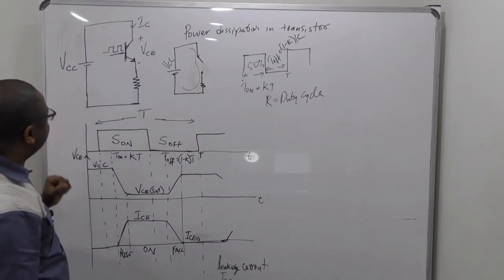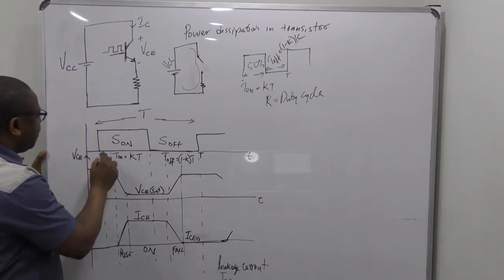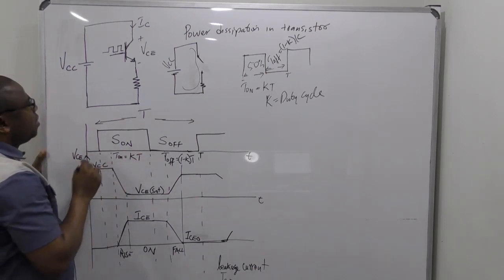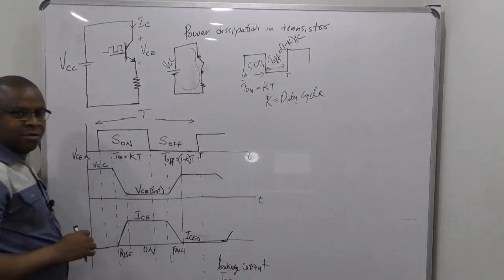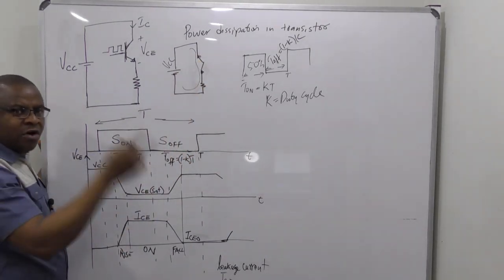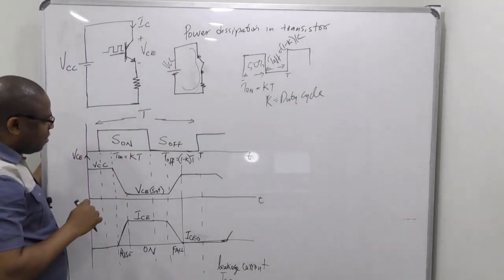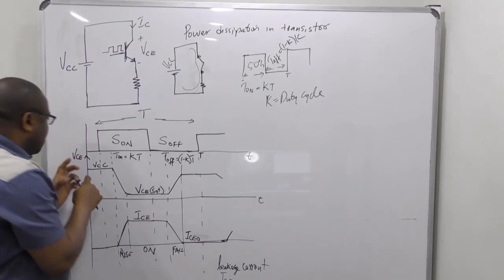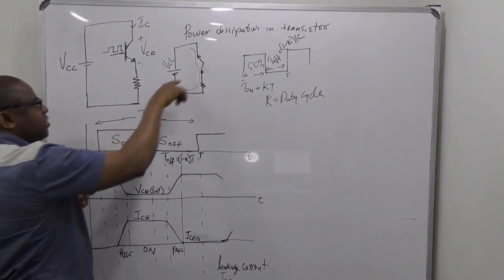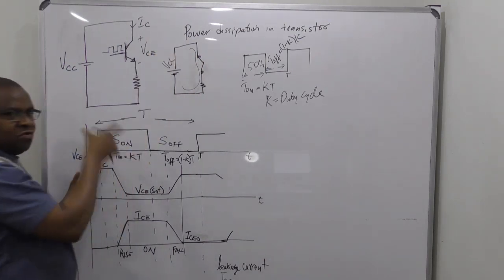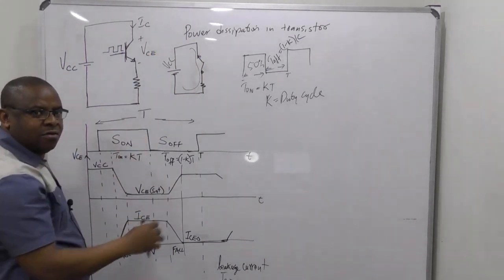Let's look at the voltage first. If I switch this on, what happens to this voltage? The voltage across here will be 0. If I switch it off, the voltage will increase to VCC. So when it was off, the voltage is VCC, but immediately you switch it on, the voltage has to decrease to 0.